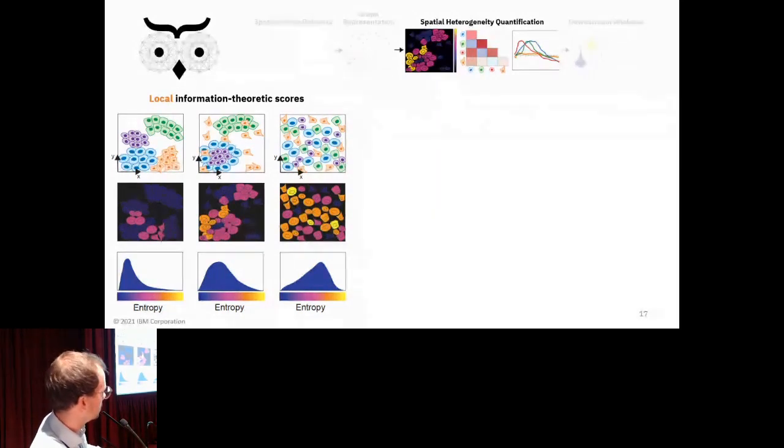So you could argue that the environment of this cell is very homogeneous. And therefore, if you look at the histogram at the bottom, the entropic values are skewed to very low values towards 0. And on the right-hand side, you have a very intermixed core where the different cell types around the single cell are very different, and therefore the distribution of the single cell entropic values is also skewed towards higher values.